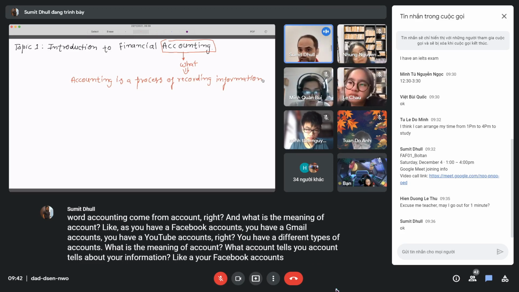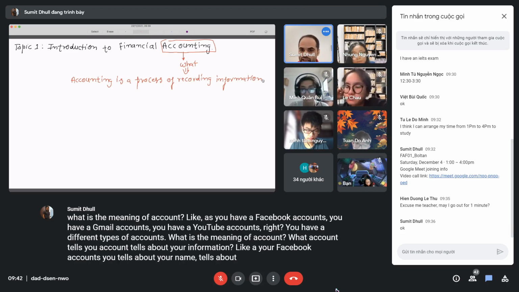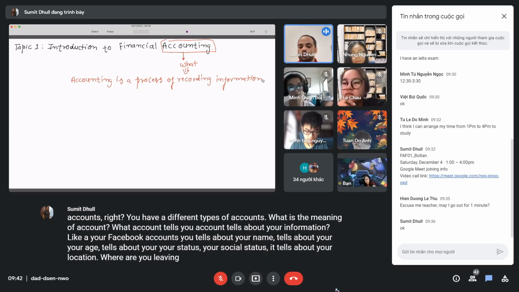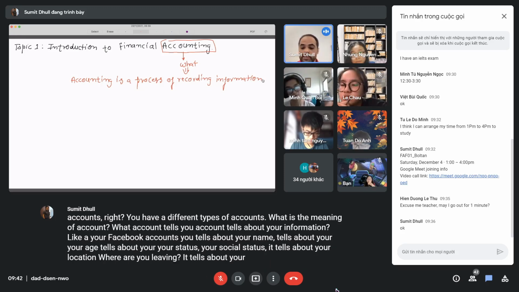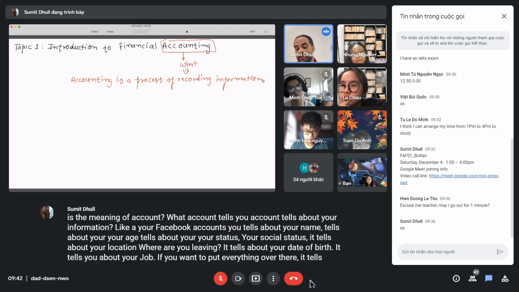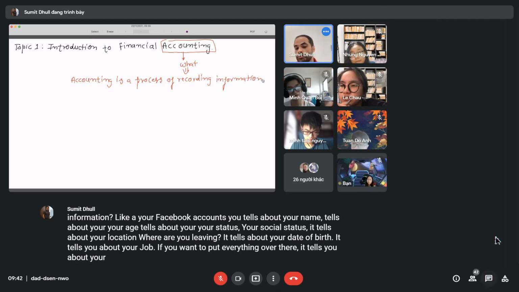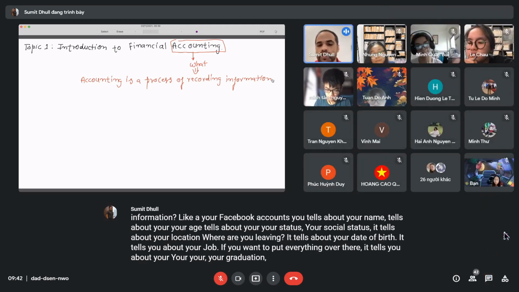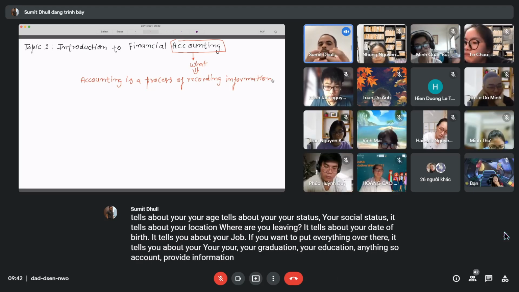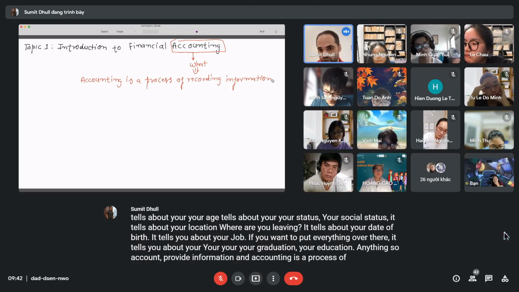It tells about your name, your age, your social status, your location, where you are living, your date of birth, your job, your graduation, your education, anything. So an account provides information, and accounting is a process of recording that information.